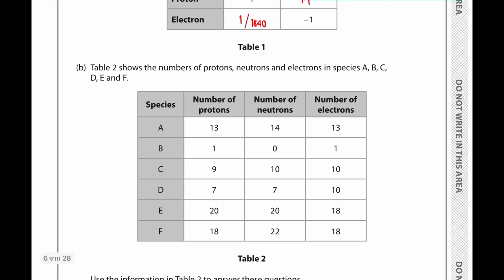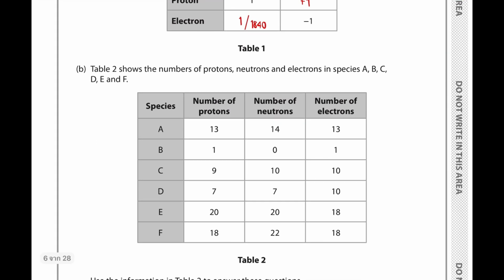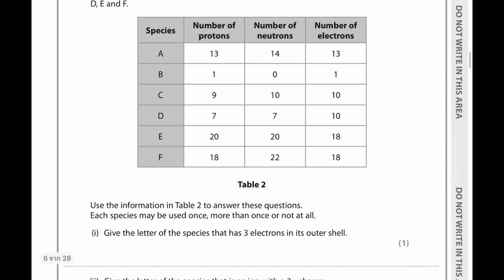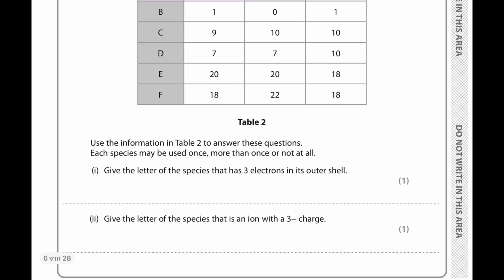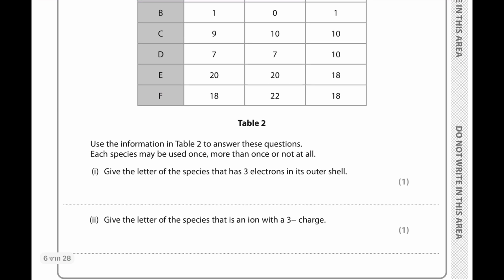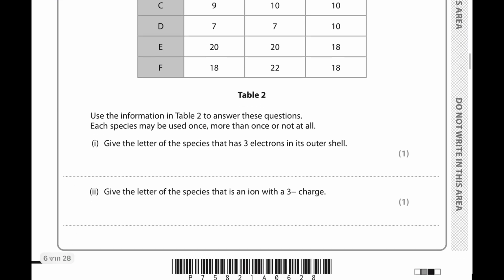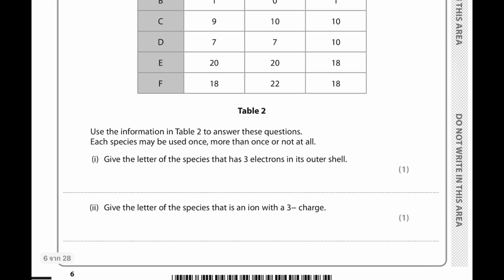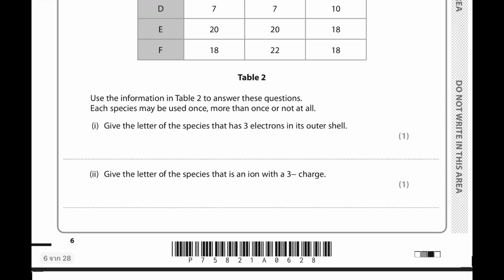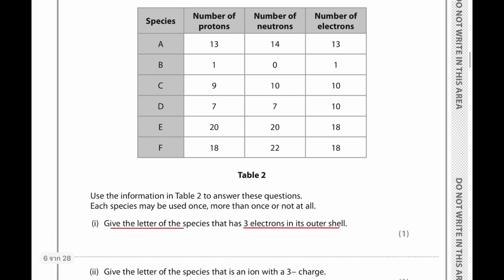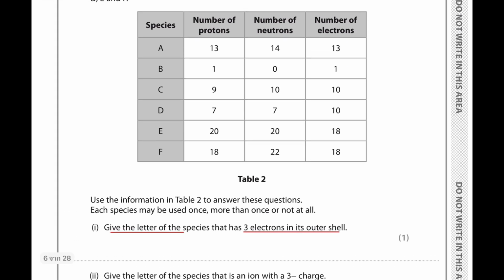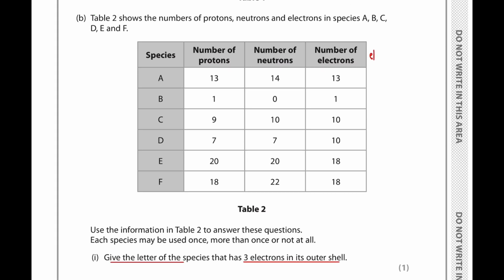Then B. Table 2 shows the number of protons, neutrons, and electrons in species A, B, C, D, E, and F. Use the information in Table 2 to answer these questions. Each species may be used once, more than once, or not at all. Give the letter of the species that has 3 electrons in its outer shell. So we have to write the electronic configuration first.